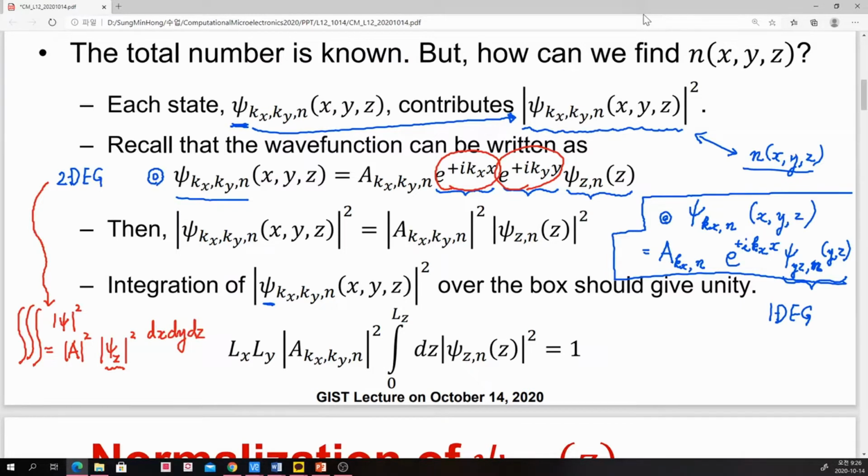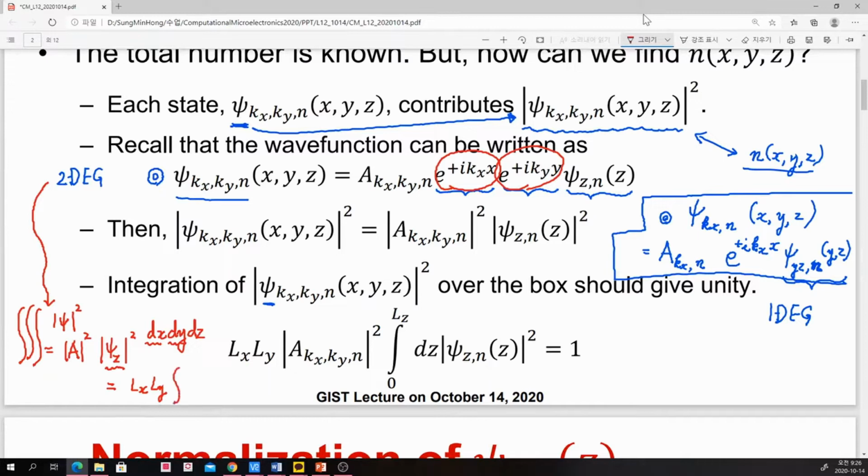But you know that this psi sub z, the z directional wave function, is a function of z only. So x directional and y directional integration gives you just Lx and Ly.